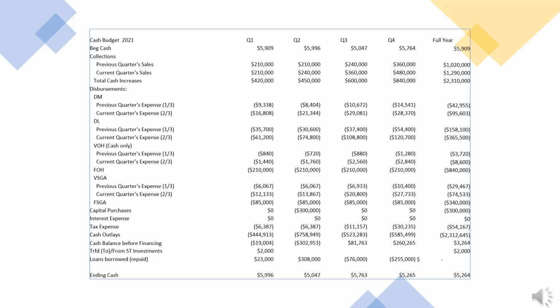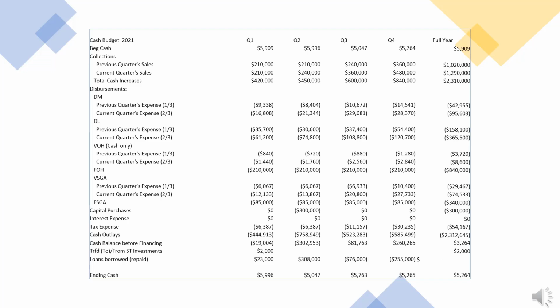Remember, we sold $420,000 worth of sales, and we collected $210,000 of that in this quarter. Where did this $210,000 come from? It came from the previous quarter, the Q4 2020 accounts receivable. And so even though they look the same, they are from different quarters.